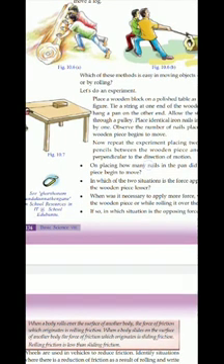As it just starts to move on the floor, the friction applied by the surface is known as static friction. That is, when an object at rest has just started to move on the surface, the friction applied by the surface on the body is known as static friction.